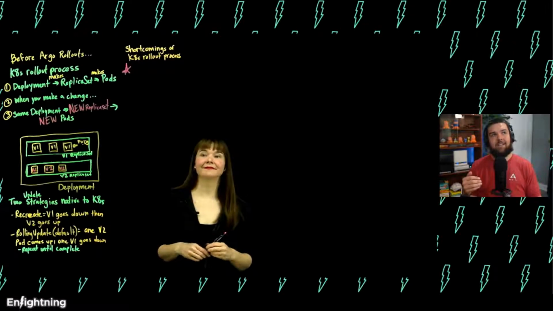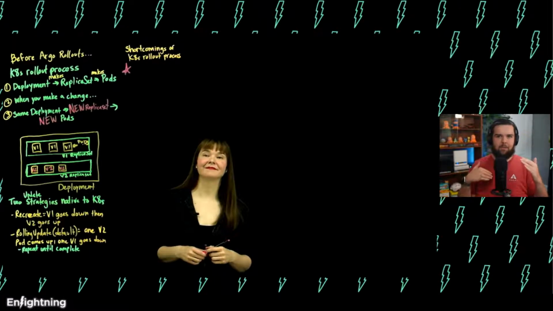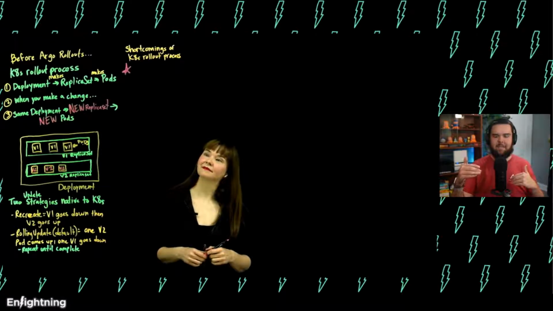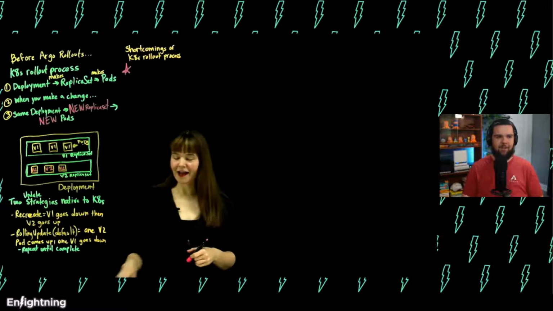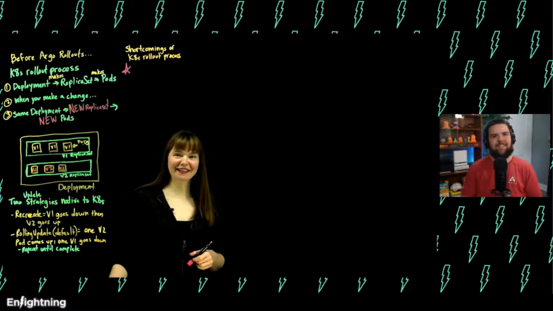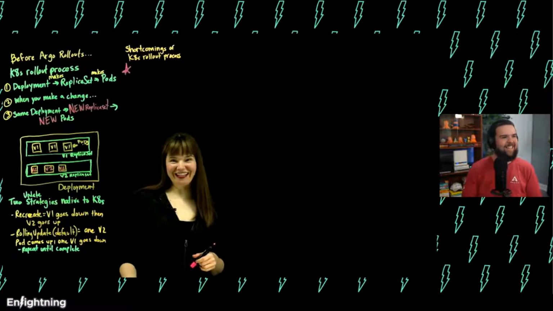Maybe asterisks on that: you can take advantage of the readiness and liveness probes, and that can stall the rollout, but you have no automated rollbacks. You have no deeper analysis into specific metrics that are coming out of your application. Will you repeat those things, a little more slowly?